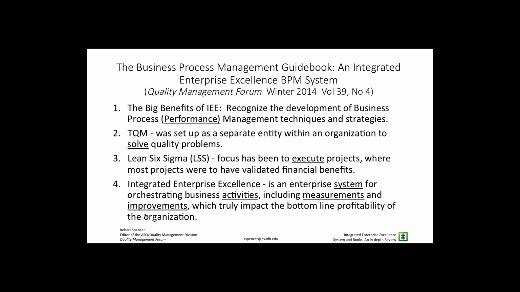Total quality management was set up as a separate entity within an organization to solve quality problems without a whole lot of detail on how that should happen, how teams should work together, and how we should focus on what priorities should be addressed first and other priorities later.